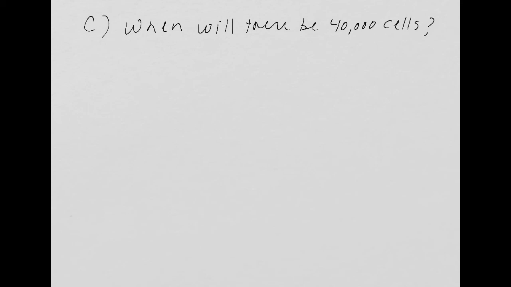Okay, so on to part C of the problem. And the question is, when will there be 40,000 cells? Okay, so let's start the same way. We have our model that was given to us.